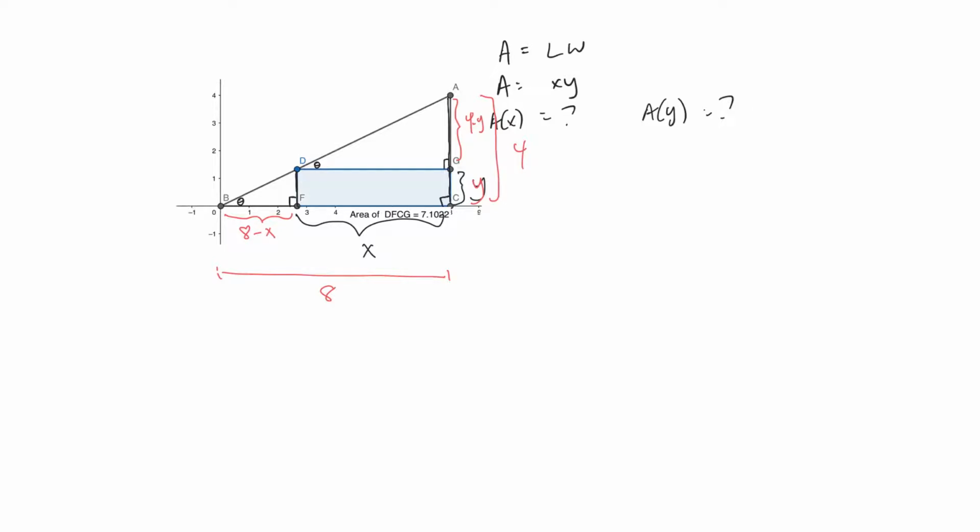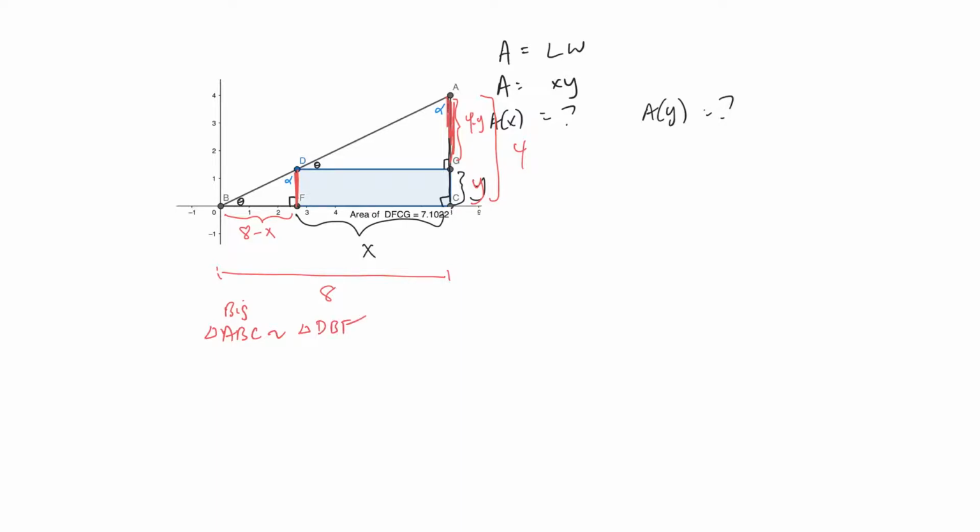Also, we can look at this other angle here. These two are also the same. Why? Because of corresponding angles, since these two sides are parallel. So we can say that triangle ABC, the big triangle, is similar to triangle DBF.